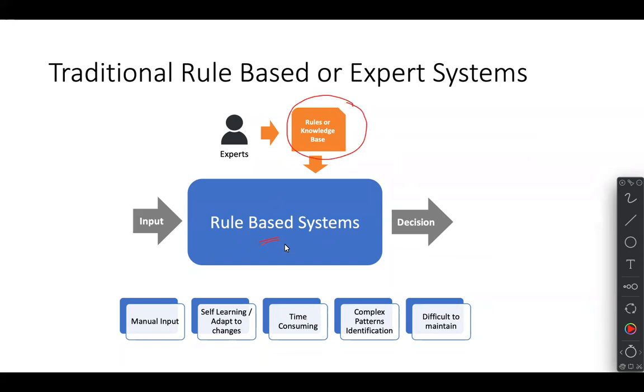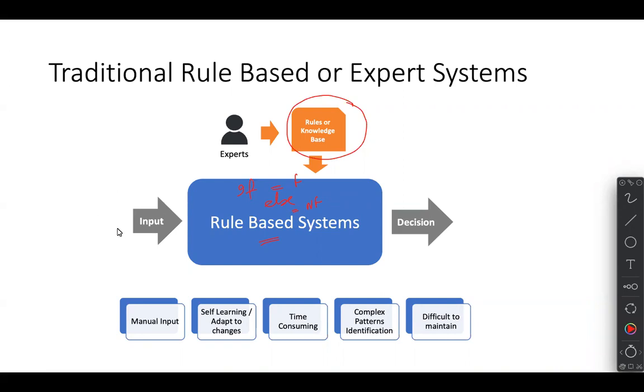So if they develop a fraud detection software system, those rules should be configured or explicitly written like if-else rules. If this condition, else if this condition is satisfied, it's a fraud, else it's not a fraud. So there were several systems developed with this particular idea and very popular in traditional systems.